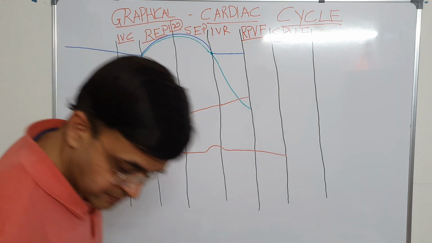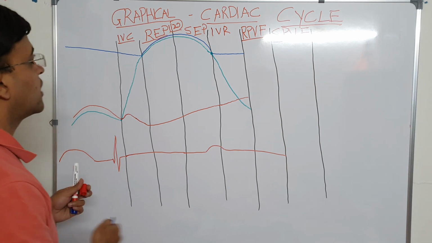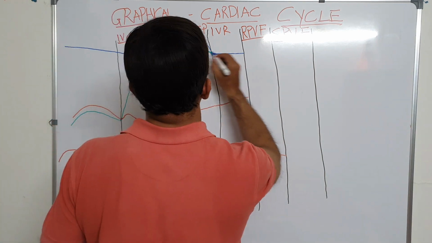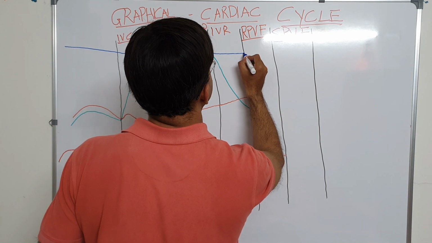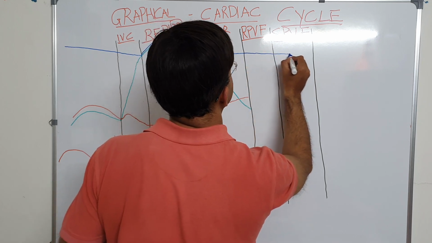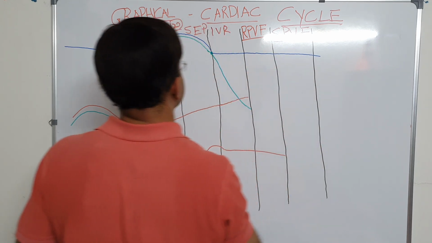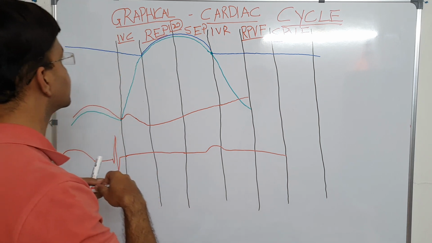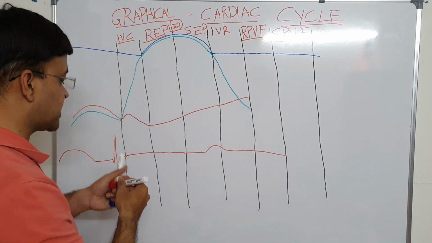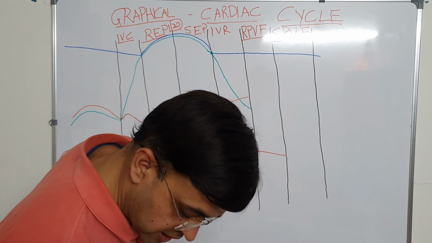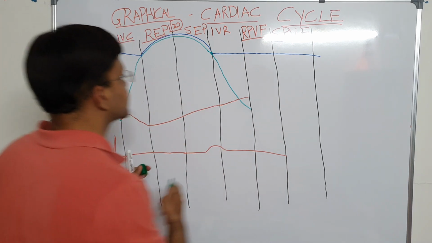And aortic pressures won't change much during rapid passive ventricular filling. They will kind of slowly decline, right? And even ventricular pressures, though they are being filled, don't rise rapidly.